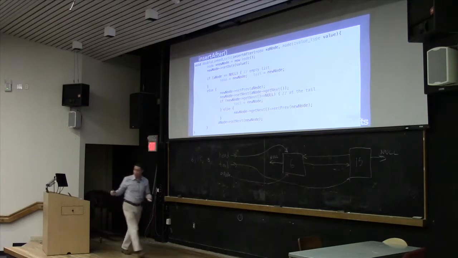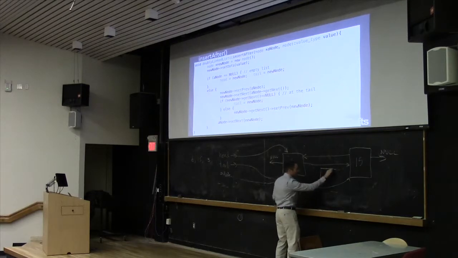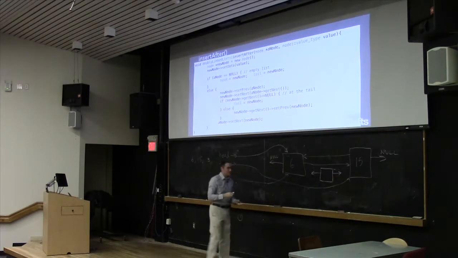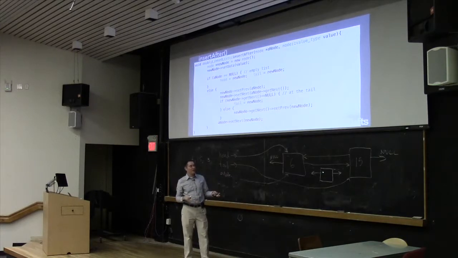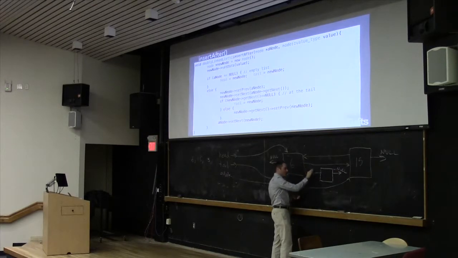OK, so you create a new node. Let's do it right here. It's going to be a little smaller than the other ones, just abstractly smaller. So we're going to create a node here. And initially, its next pointer is going to be set to null, and the previous pointer is going to be set to null.